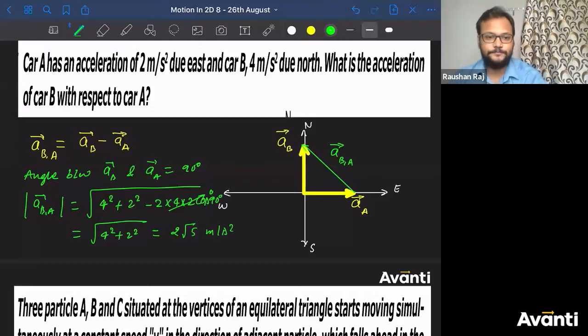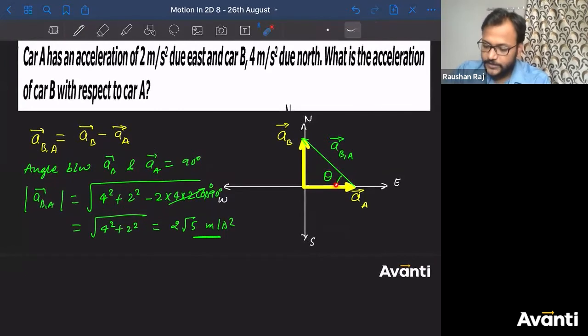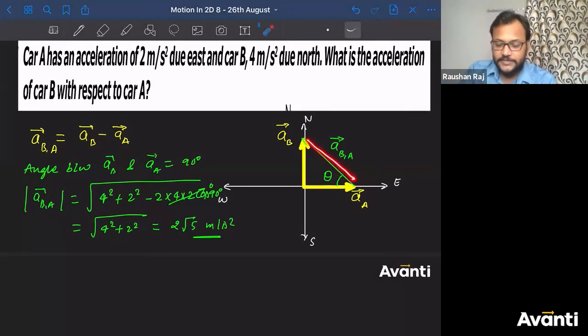This is the magnitude. Okay, what about the direction? What will I do? I will find out this direction. Let us say this is the angle theta. So this theta is with which line? This angle made by AB minus A is with the east direction or with the west direction?